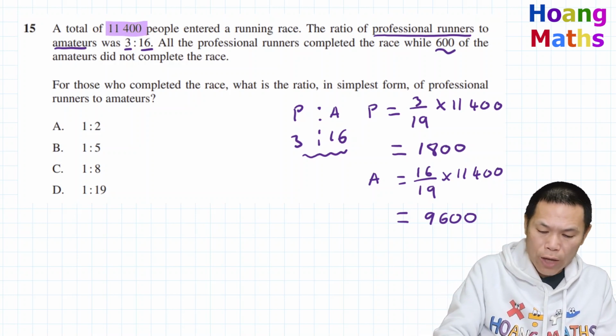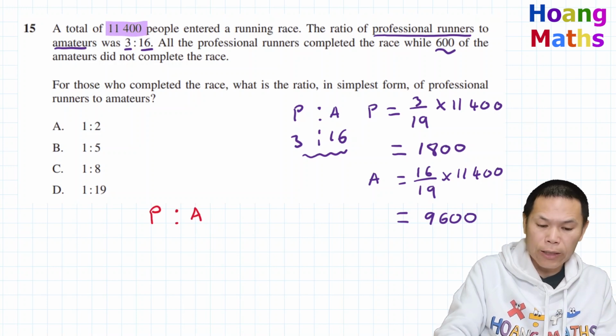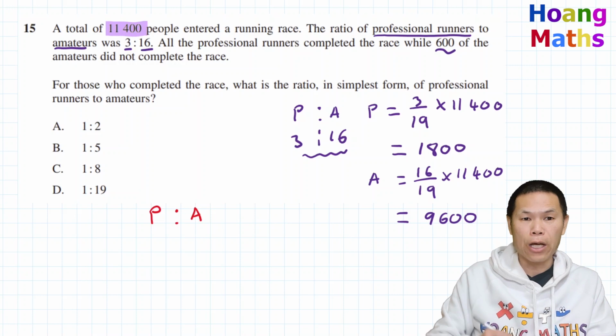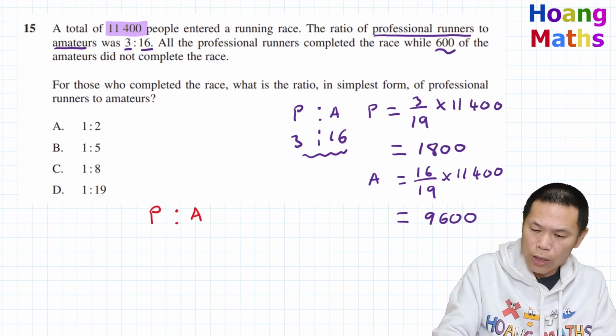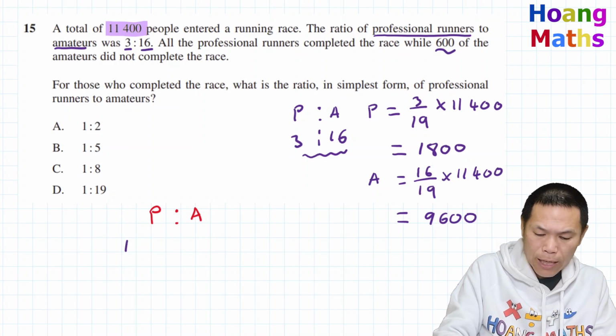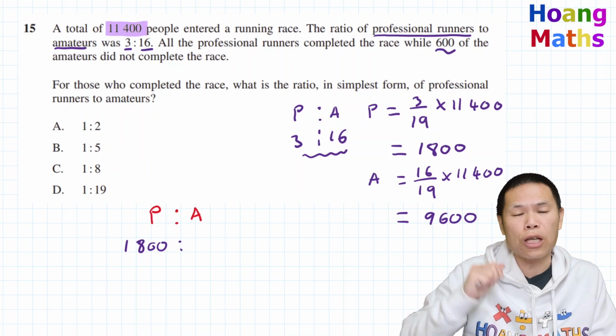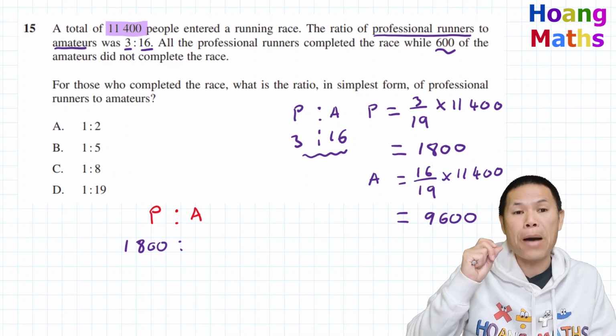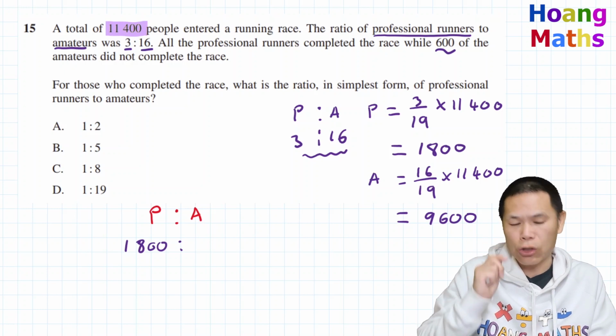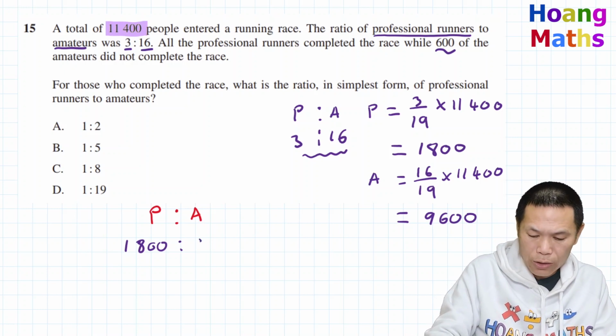So now the question is P is to A, for completing the race. We know that all professionals complete their race, so we have 1,800. For amateurs, because 600 did not complete the race, we do 9,600 minus 600. So the answer is 9,000 complete the race.